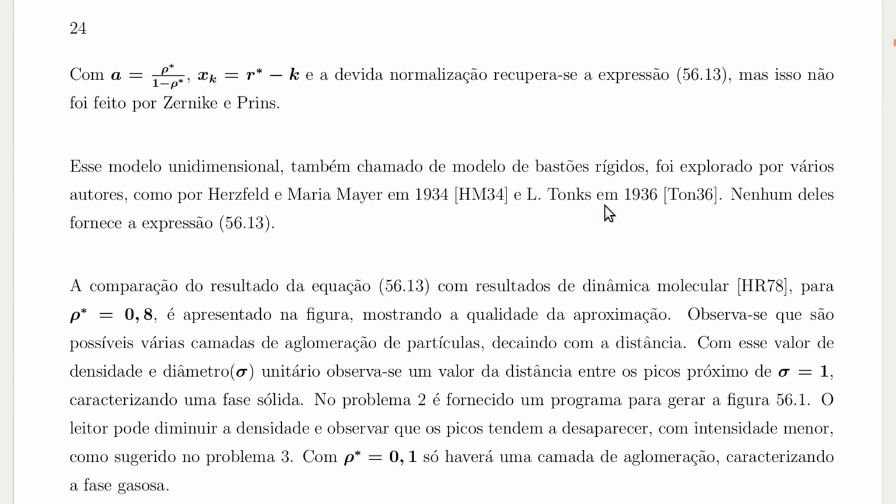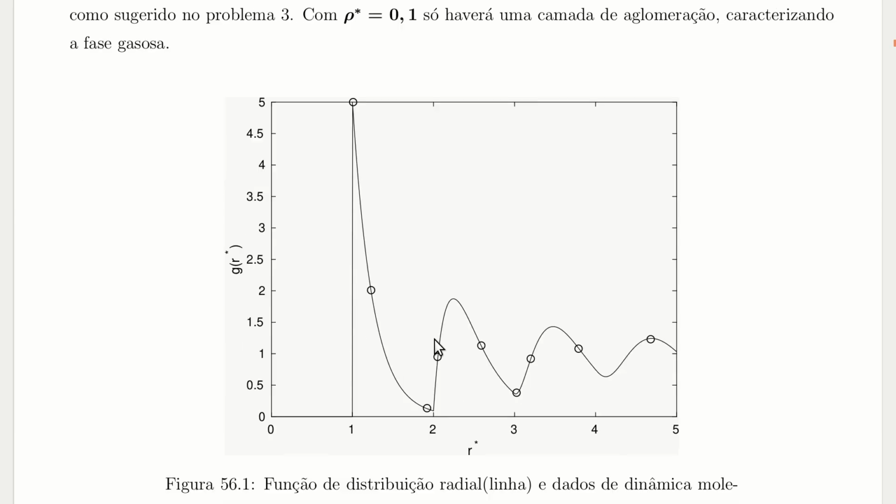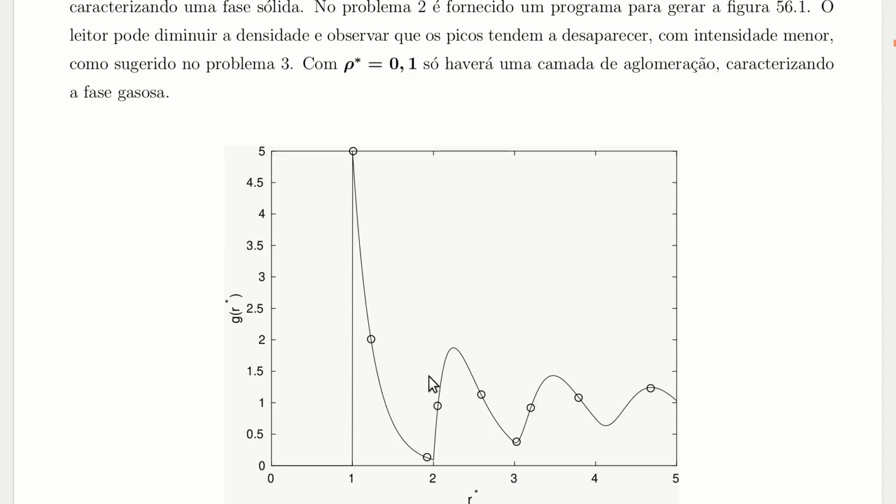And we have run it for density equals 0.8, and the result is here. You see the radial distribution function for hard spheres for density equals 0.8. You have several shells. The importance of each shell decreases with the distance.